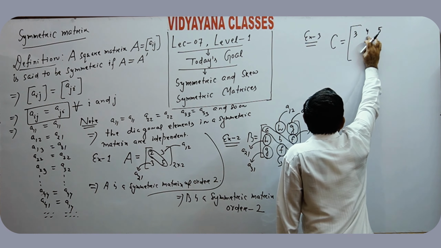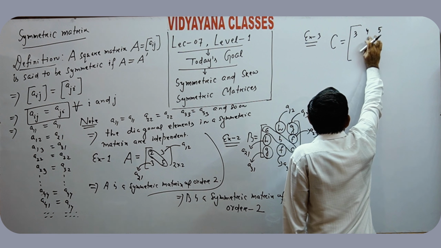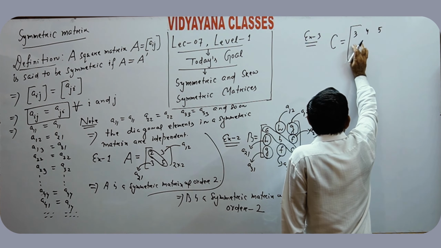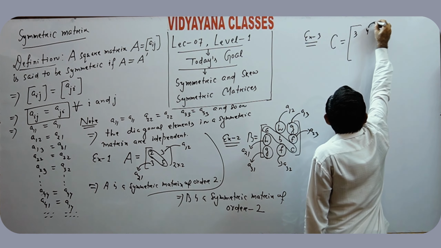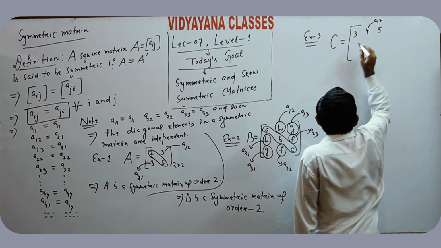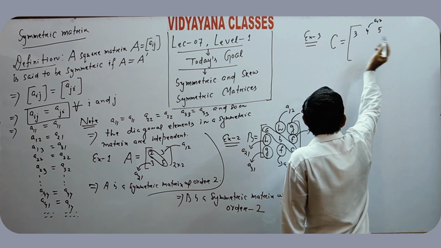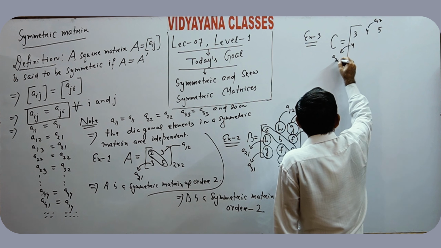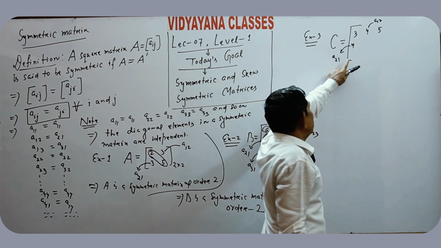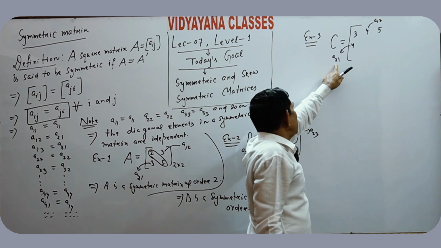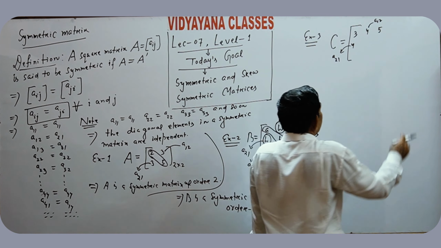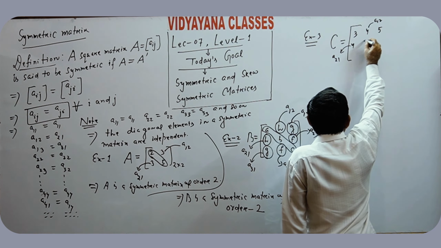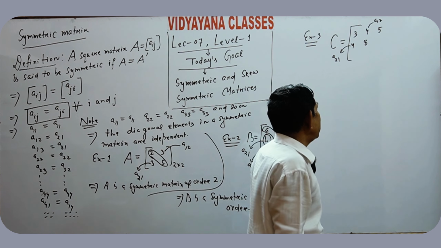The element of first row and second column, A12, will be same as A21, that is equal to 4. 4 is the element of second row and first column. The diagonal elements are independent. We can take any element, any number, say 8.